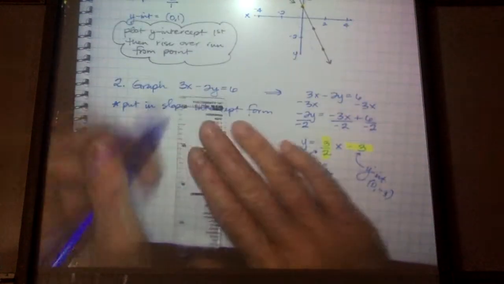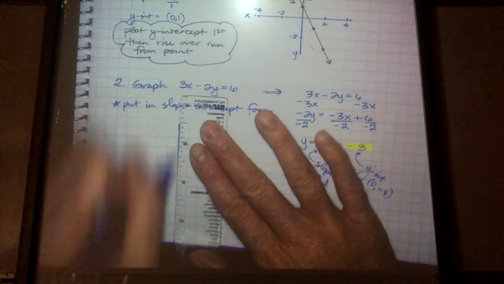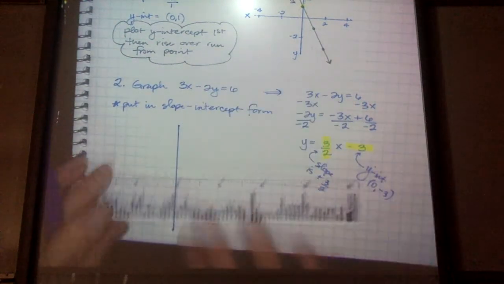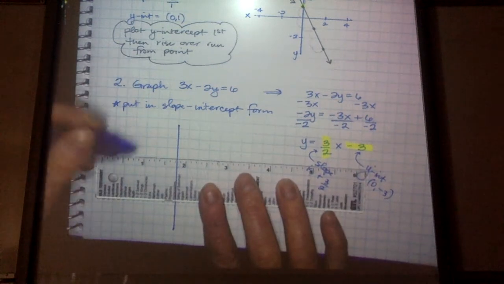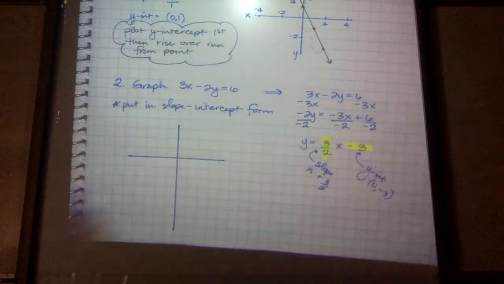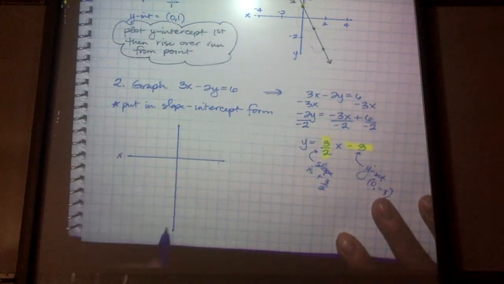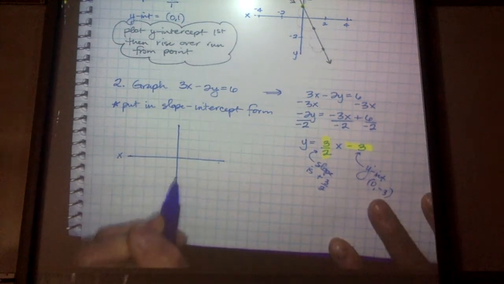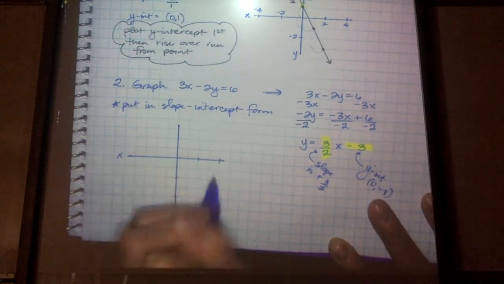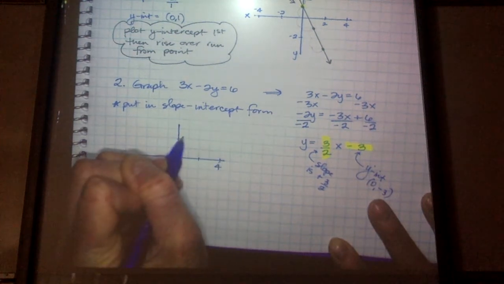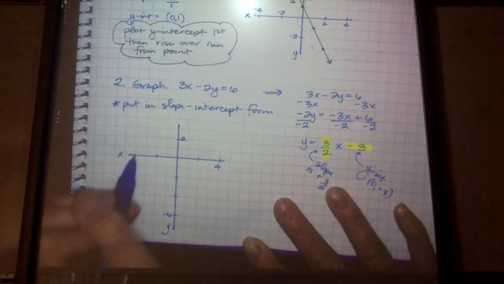So I'm going to draw. There's my y-axis. I need to leave room for negative 3. Negative 3 is down here, so I'm going to put my x-axis a little above. So there's x, here's y, 2, 4, here's negative 6.